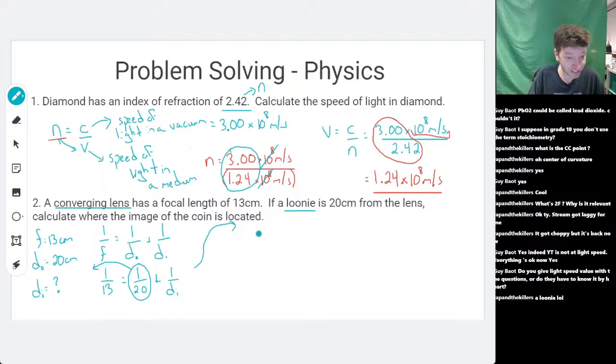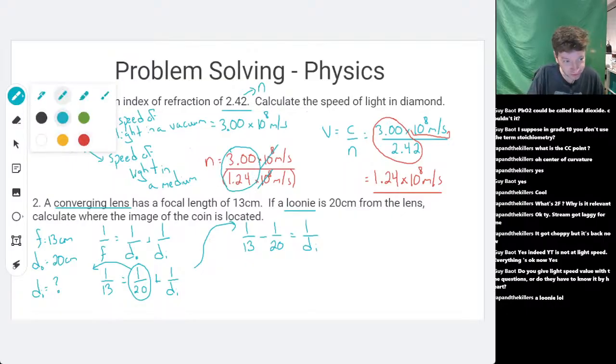So we get 1 over 13 minus 1 over 20 equals 1 over di. So now you have the option. Calculators are allowed in my class. So if they know how to use fractions on their calculator, you can do 1 over 13 minus 1 over 20. Or if you like fractions, just work with the fraction.